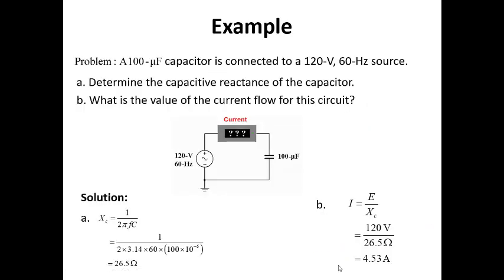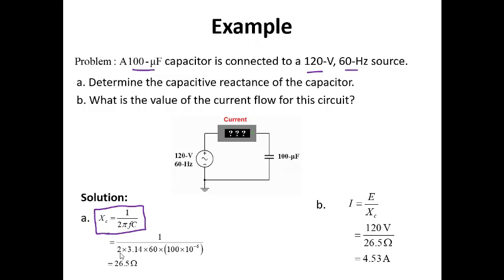Here's an example. We have a 100 microfarad capacitor connected to a 120 volt, 60 hertz source. The first step is to determine the capacitive reactance of the capacitor. Our formula: X sub C is equal to 1 divided by 2 pi FC.